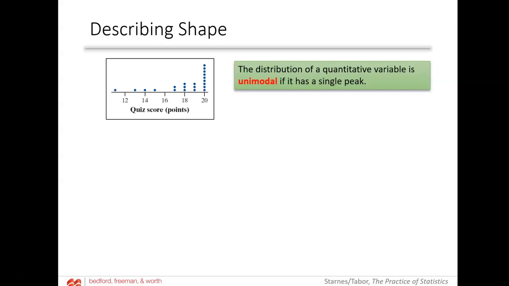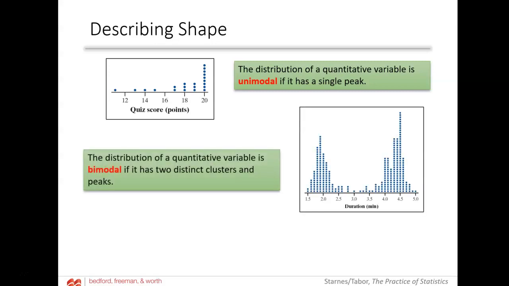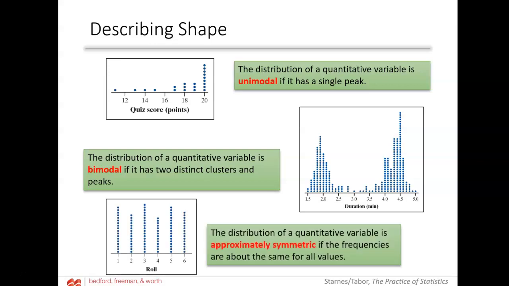And if it has one peak, then unimodal is the description. But if you literally said has a single peak at 20, that would suffice. Bimodal means there's two peaks and you're going to see two clusters with them. It doesn't mean anything's wrong with your data, it's just you describing the shape of your data. And it might make perfect sense if you look at the data in the context.